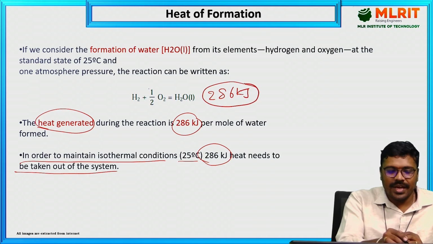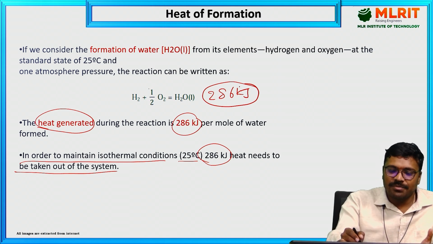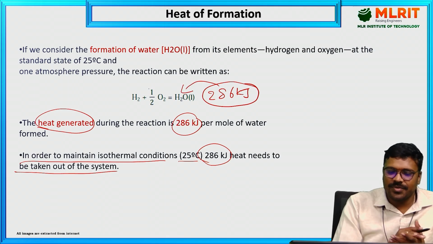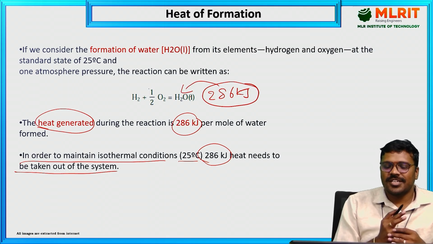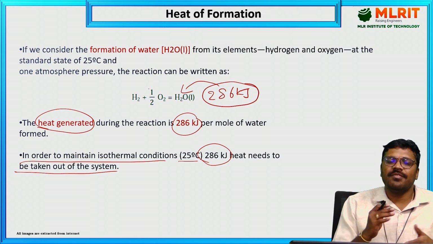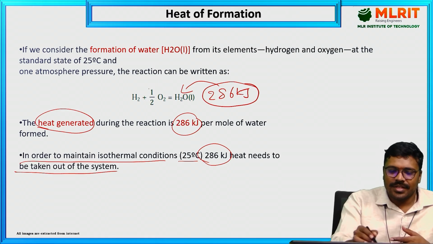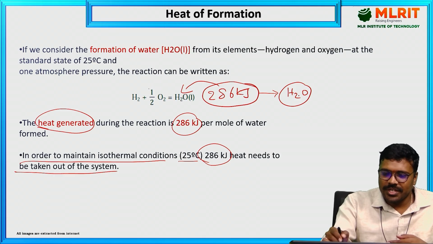This is the heat generated during this reaction. So, whatever water molecules form will absorb this energy; it will be transferred to the H2O, right? This 286 kilojoules of energy will be transferred to the H2O. Then what happens to the H2O molecule? The temperature of the H2O molecule will increase.